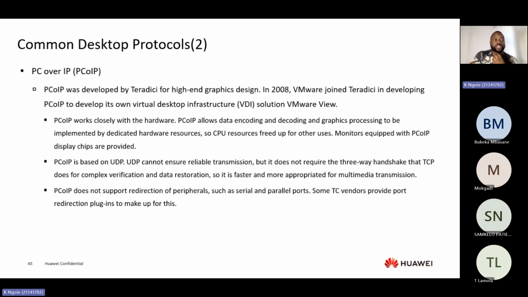So that's how it works with hardware, and then it's based on UDP. So it's a UDP based high speed transmission, which means that it uses UDP instead of TCP. The benefit of that is that we're going to have a lower latency and faster response, right?